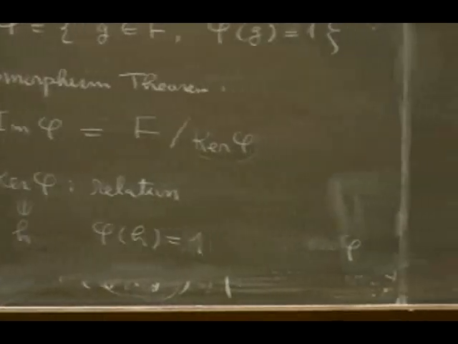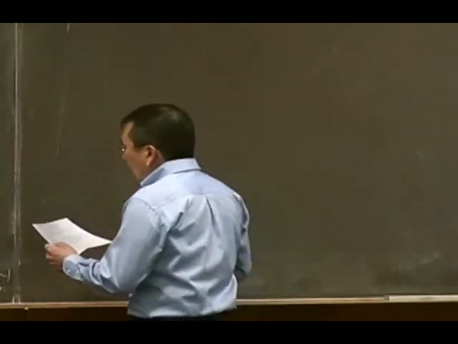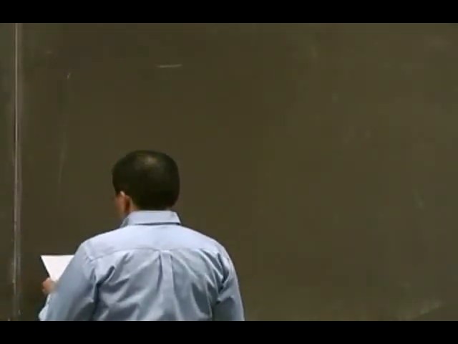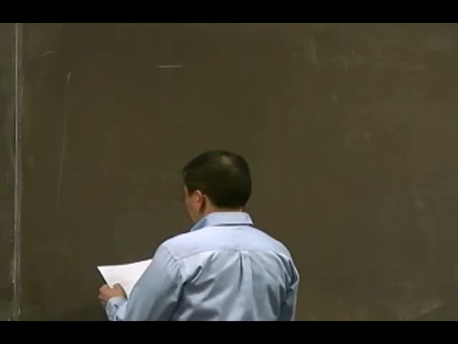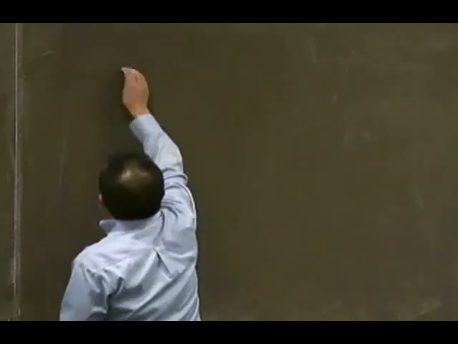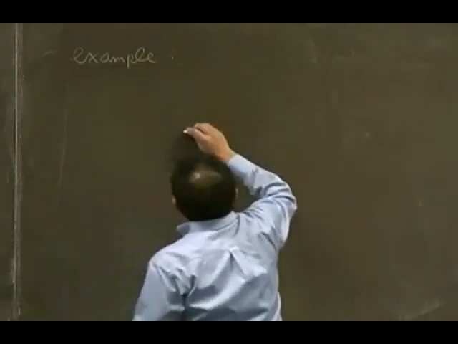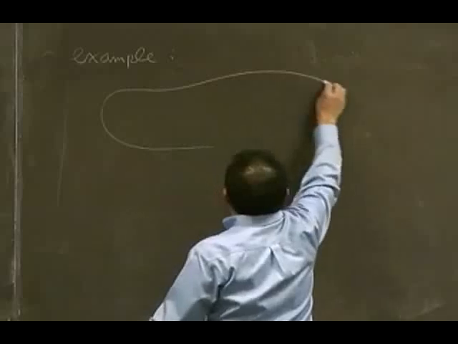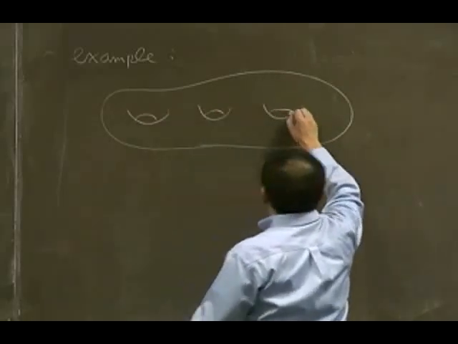So for example, if we want to describe the examples that I was talking about earlier, a surface with more than one handle, I'm going to first introduce the set of generators.